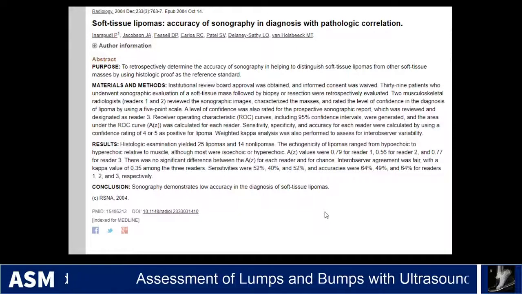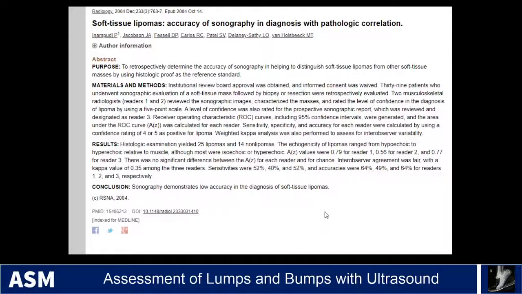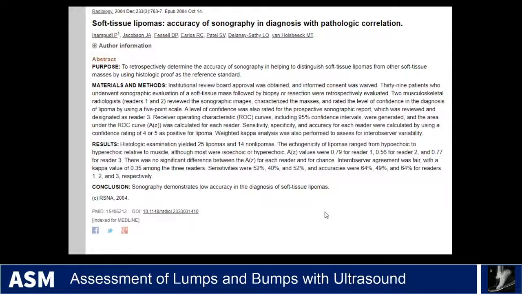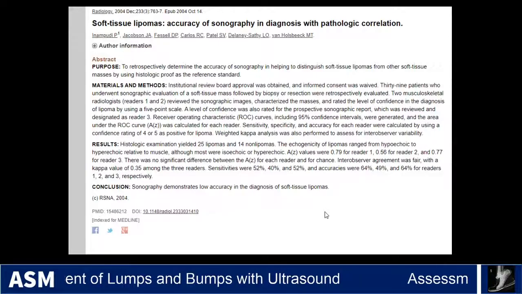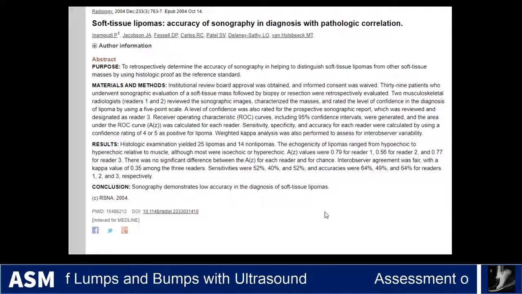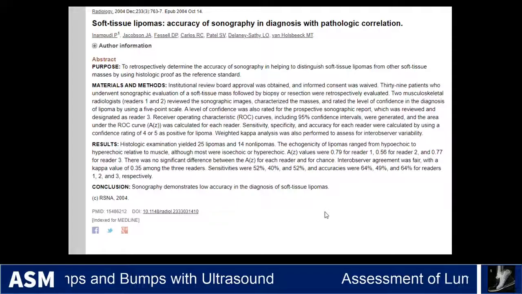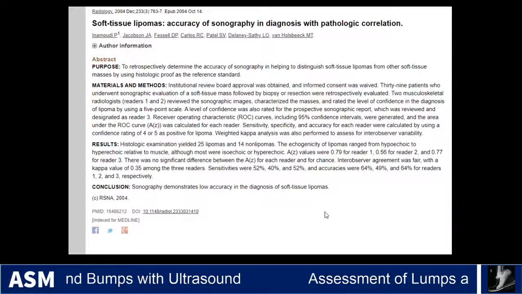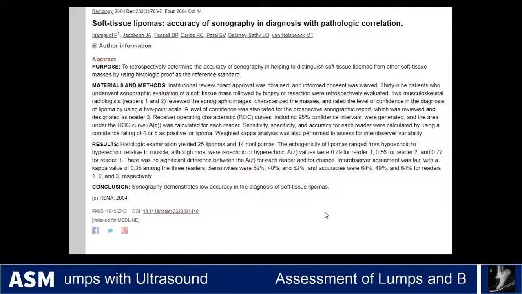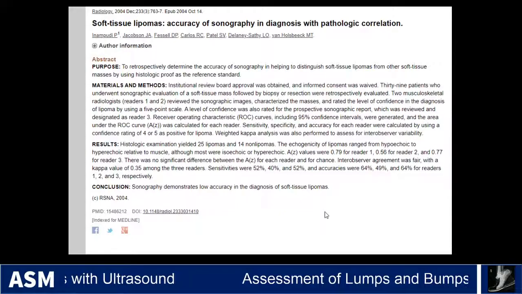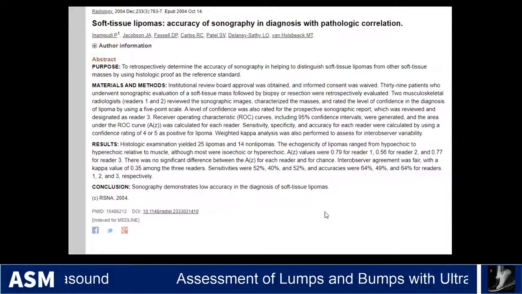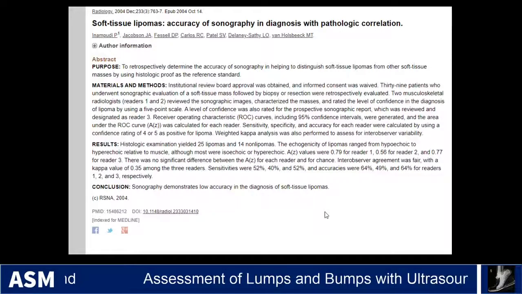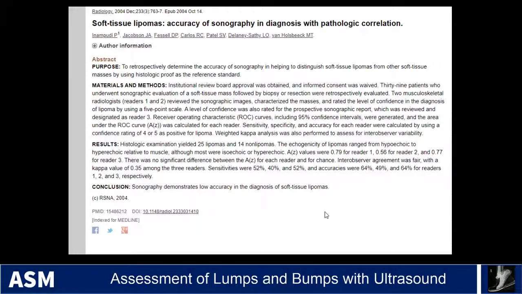Lipomas are the most common of the superficial soft tissue tumors, and most lipomas are subcutaneous in location. Now, it is important to differentiate superficial masses from deep masses. When we're talking about the trunk and the extremities, masses that are between the skin and the fascia on top of muscle compartments are considered superficial, and the overwhelming majority of those are benign, and they are often lipomas.